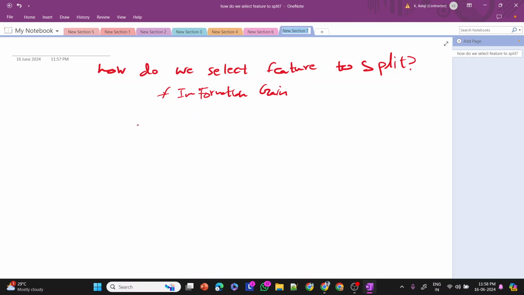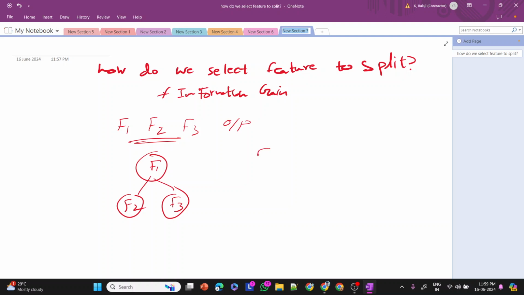Okay, let's take an example. We have a data set which has feature 1, feature 2 and feature 3, and the output. We can start splitting by f1, then f2 and f3, or we can start with f2, then f1 and f3, or we can use f3 also.